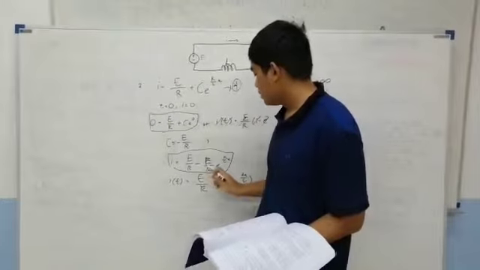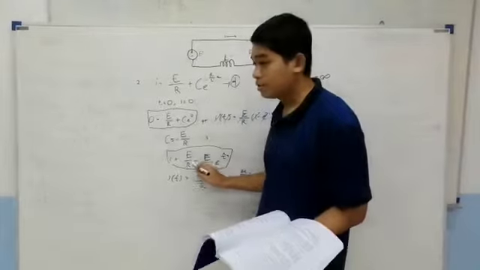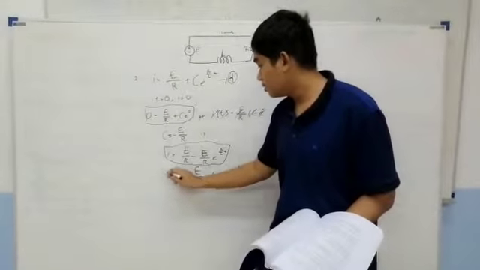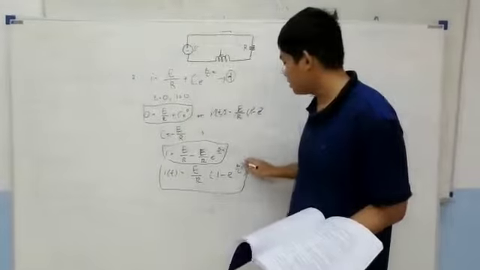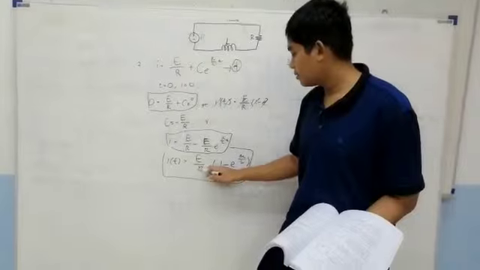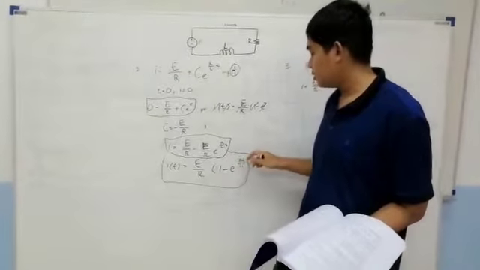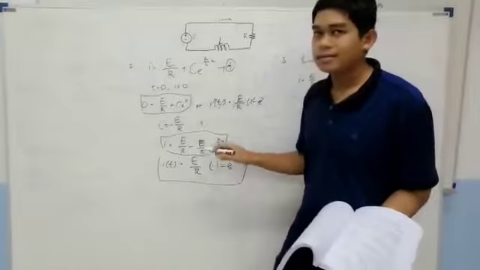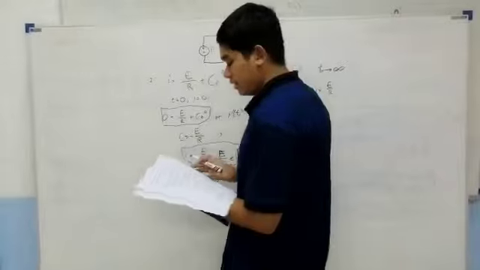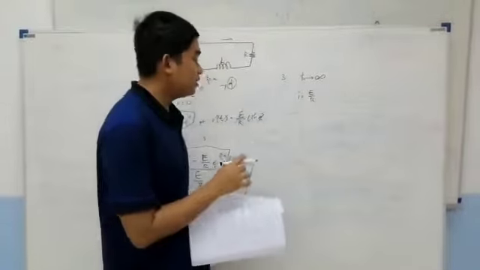For this, we factorize E over R because they both have E over R, so we simplify it to become I(t) equal to E over R bracket 1 minus e to the power of negative Rt over L.